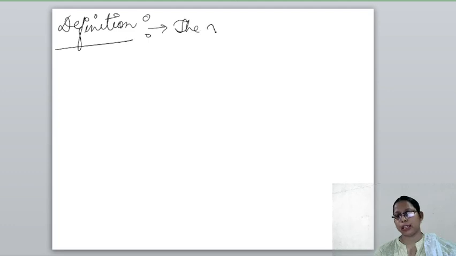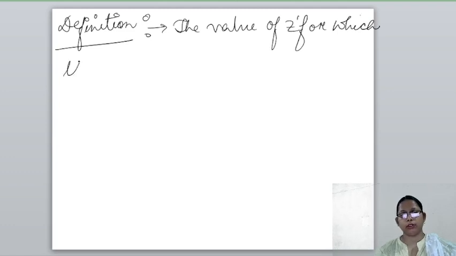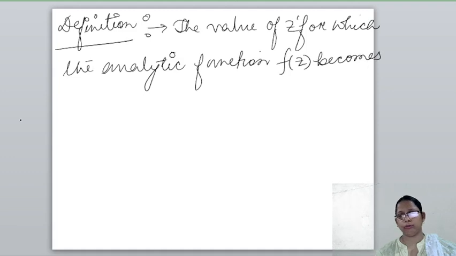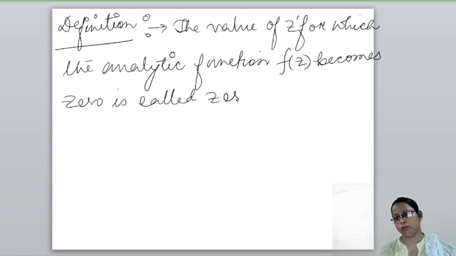The value of z for which the analytic function f(z) becomes zero is called a zero of f(z).